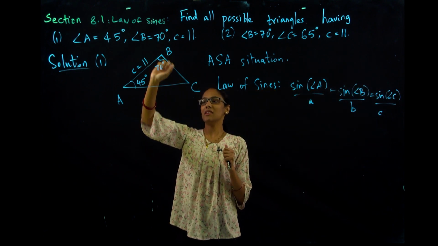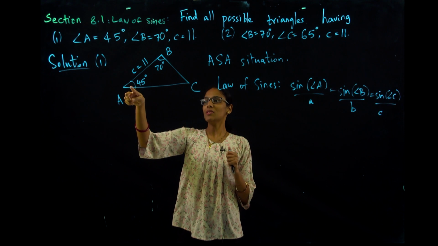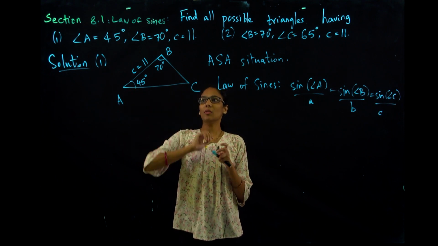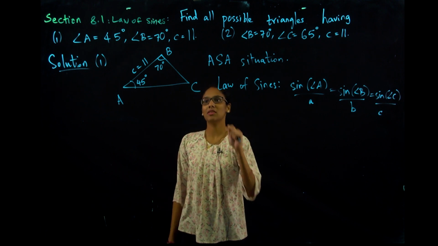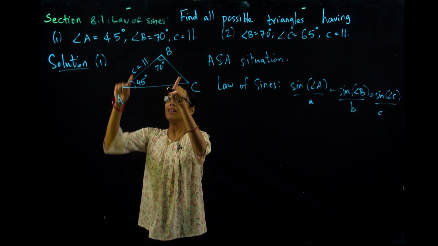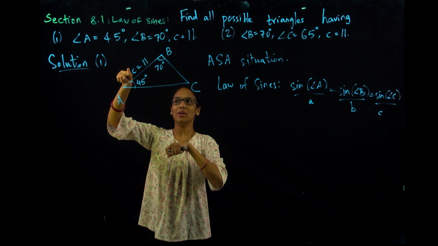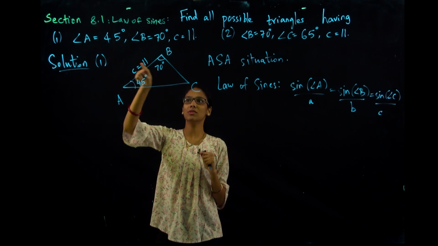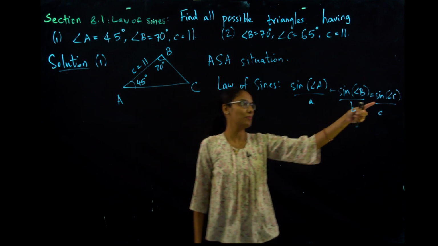Now, in this particular question, if you notice, we do not have any pair of opposites completely given. So what can we do to figure this out? Side C is the only one given to us. So let's try to solve for angle C so that we'll have those two things given to us that will complete one pair.